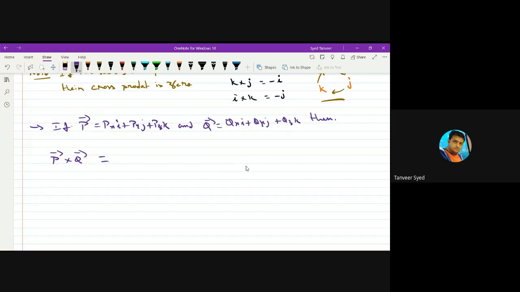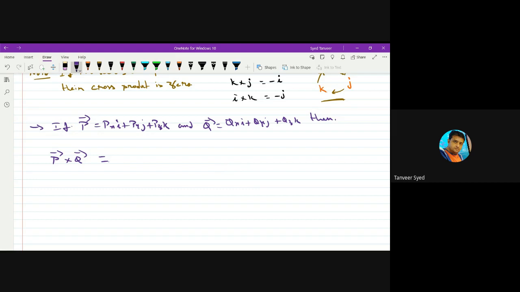Do you have any idea on matrices in maths? No, sir. Okay, right, no problem. You will get it in the coming classes in mathematics. For now, we will take only as much as we need in physics. So forget about determinant, all these things.